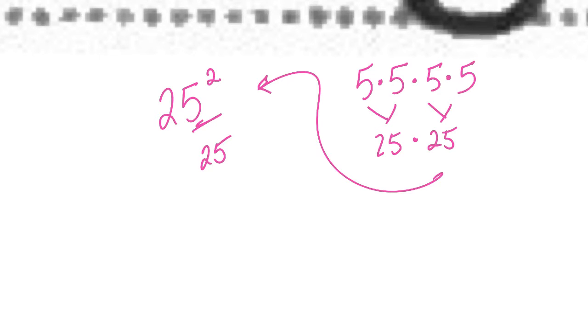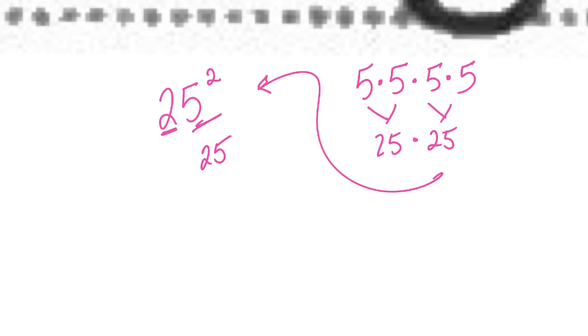Let's talk good tricks. So anything that ends in a 5 squared, we did have 5 4 times. And this is why I'm saying 25 times 25, or 25 squared. So if I have something that ends in a 5 squared, I know that it will always end in a 25.